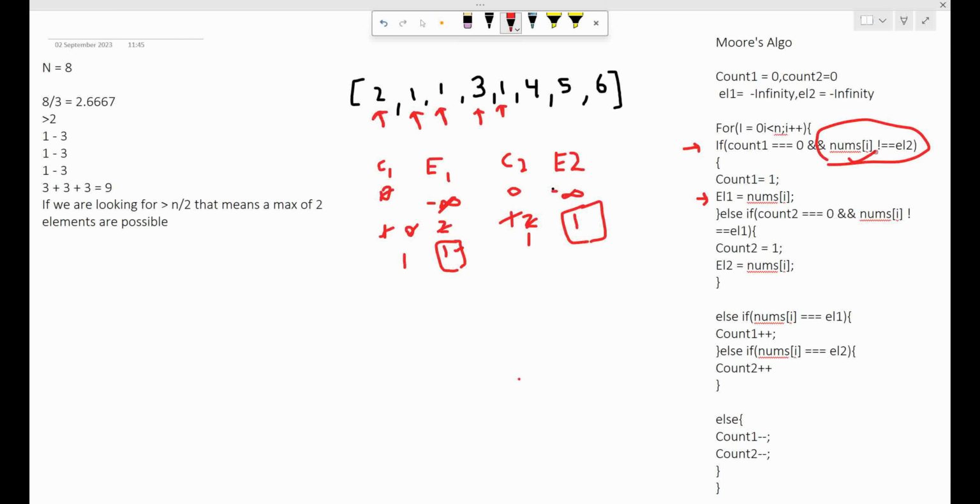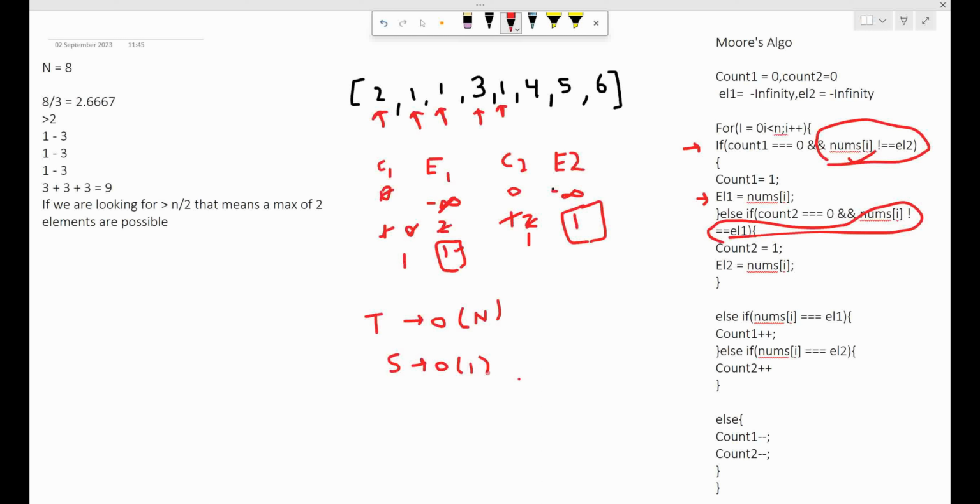So this condition will prevent another element from tracking our element. Okay. So this is the approach, and as we are iterating only once through this array, the time complexity will be O of n, and as we are not using any extra space, the space complexity will be O of 1.